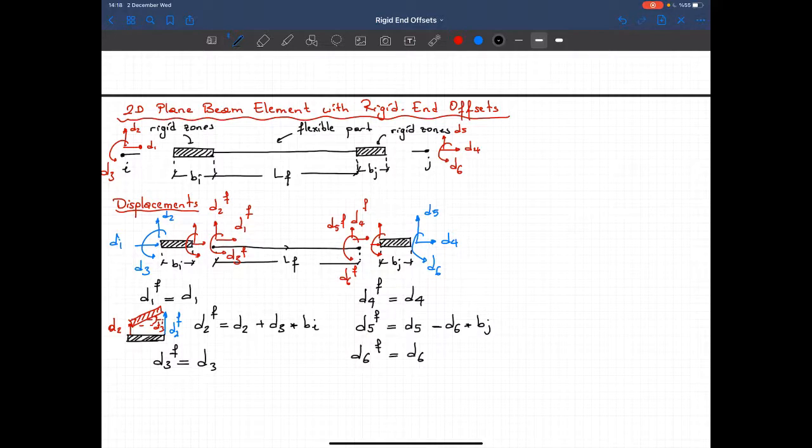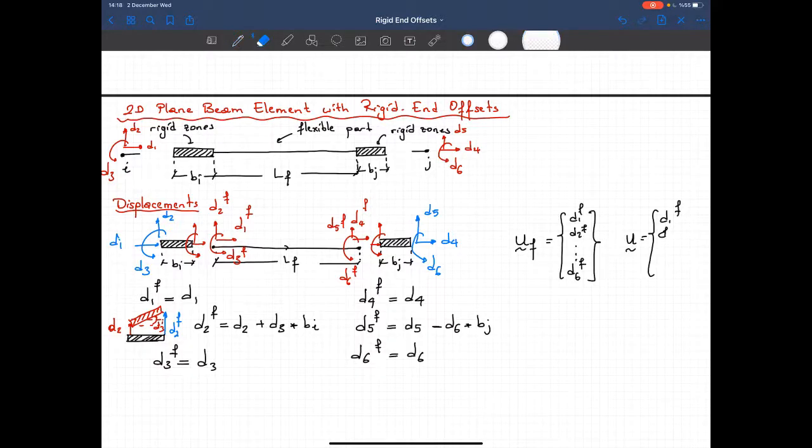Now let's say that my displacements of the flexible part are d1f up to d6f, and the displacements of the ends of the member are defined as d1, d2, up to d6. Sorry, these should be f's, let me raise this f here.